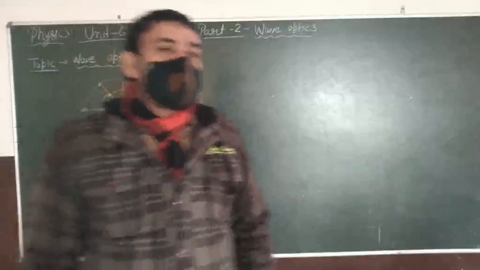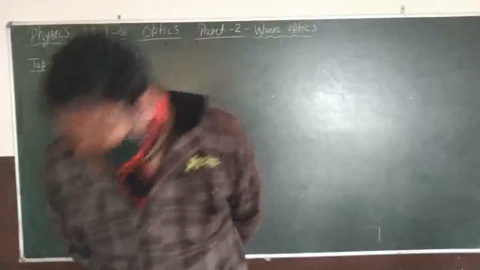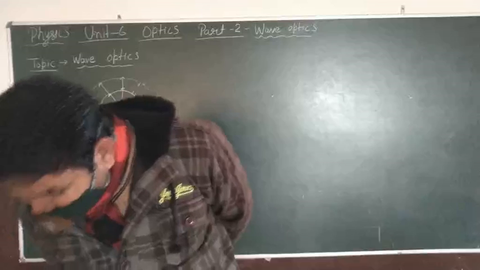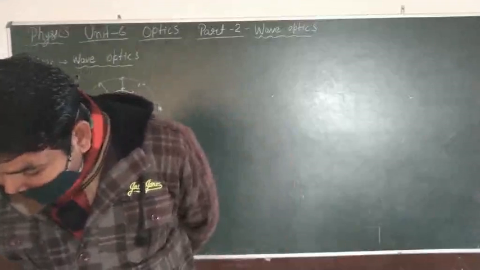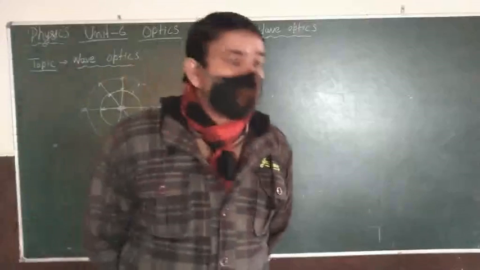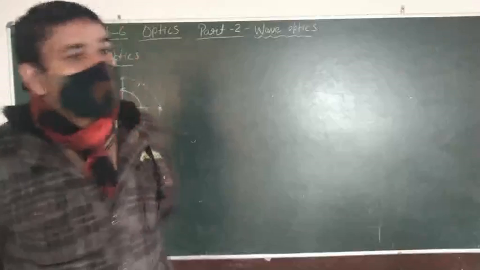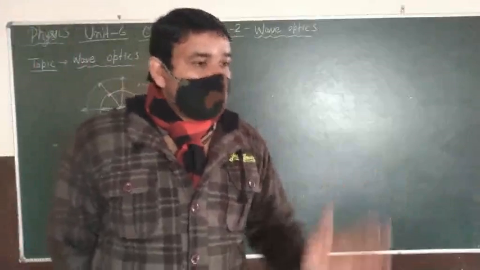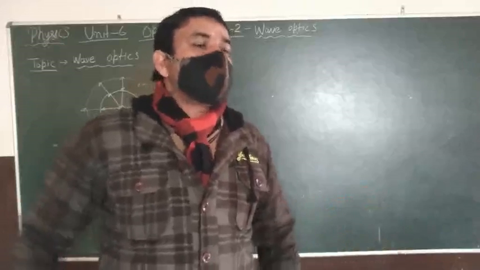On the basis of this electromagnetic theory, James Clerk Maxwell explained the photoelectric effect and the Compton effect, but on the basis of it, he could not explain the phenomena related to ray optics, which means reflection and interference, reflection and polarization cannot be explained on the basis of the electromagnetic theory of light waves.